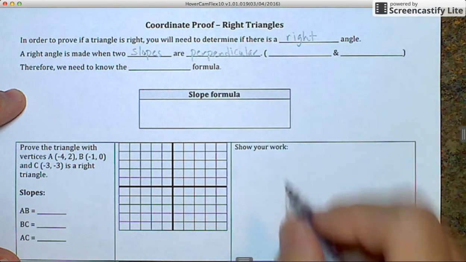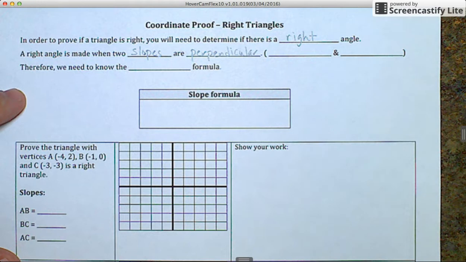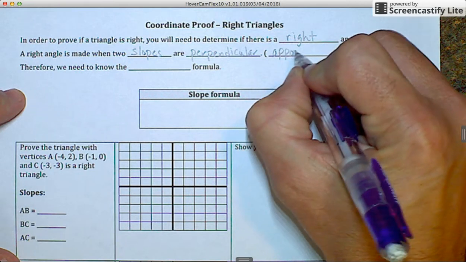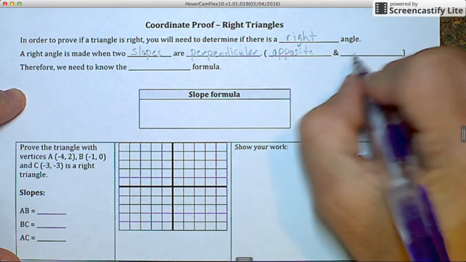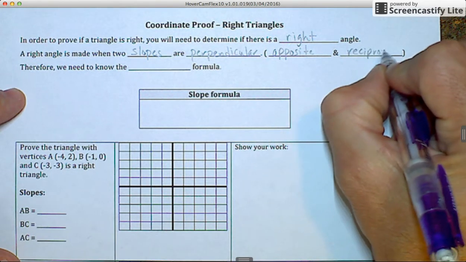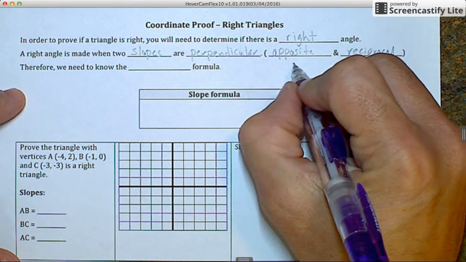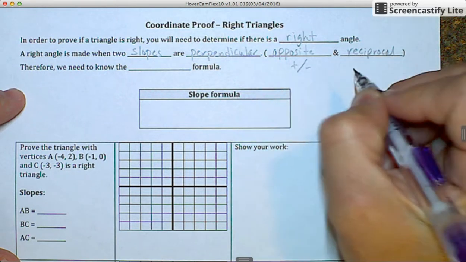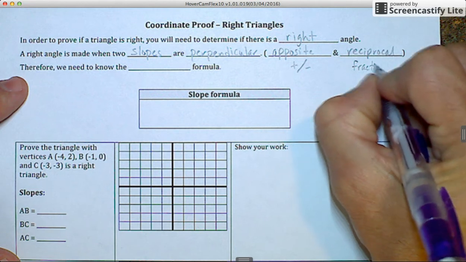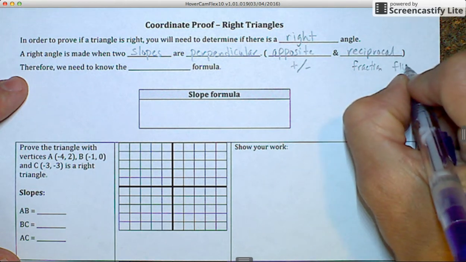If you don't remember what perpendicular means, there were 2 characteristics of perpendicular lines. The first one is that the slopes had to be opposite. The second one is that they had to be reciprocal. Opposite means one was positive and one was negative. Reciprocal means that the fraction was flipped.